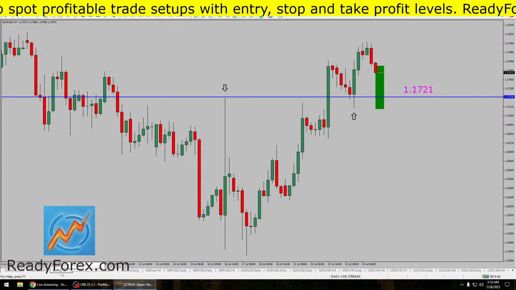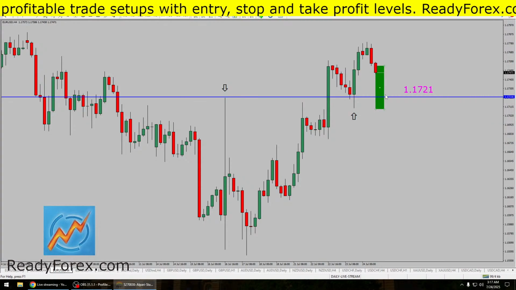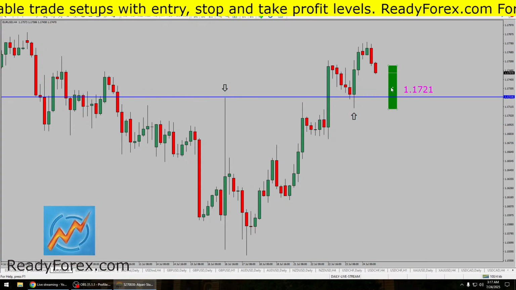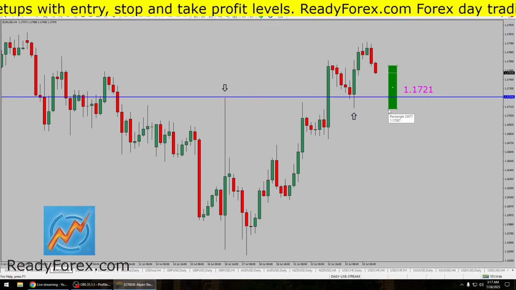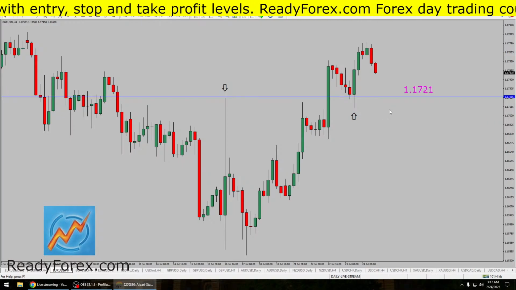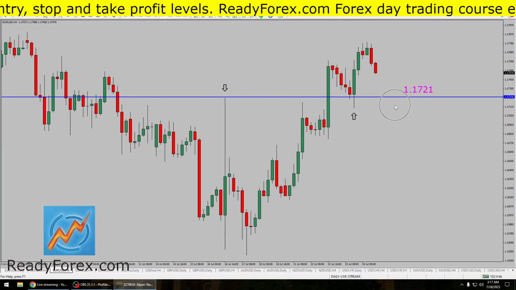So going over to a 4-hour time frame, market is probably going to drop and test the 1.1721 area.